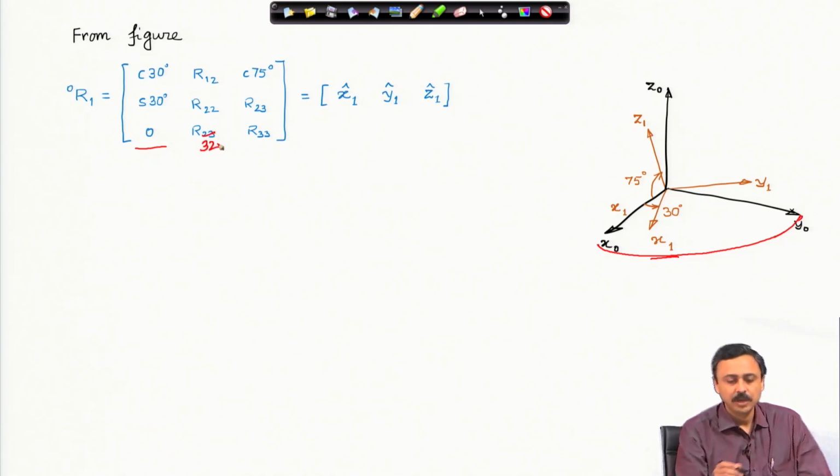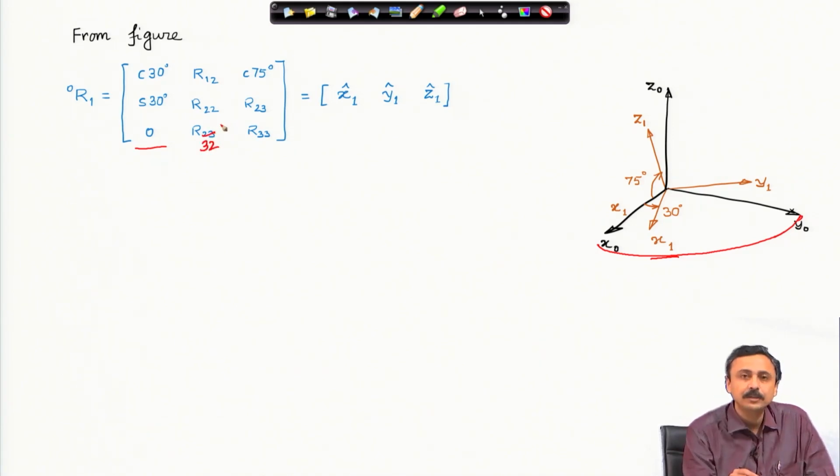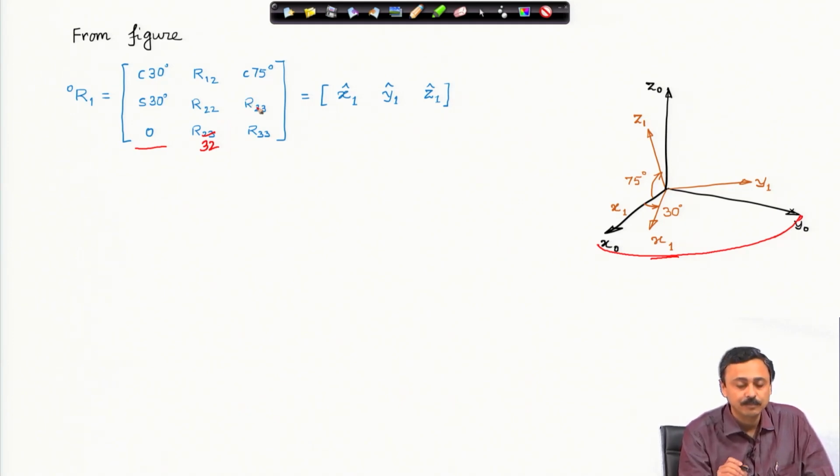This should have been 3 2. It should never be considered that this is a symmetric matrix, these two elements will be same, never. In general they cannot be. Okay. I do not know the second column.